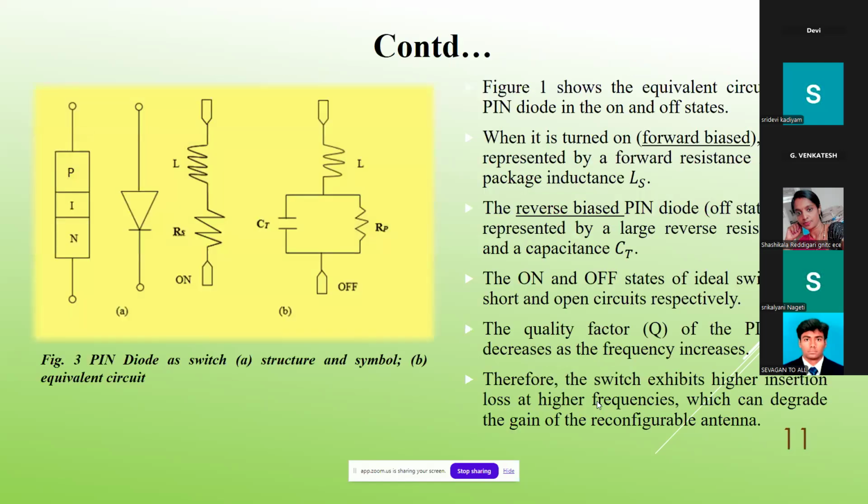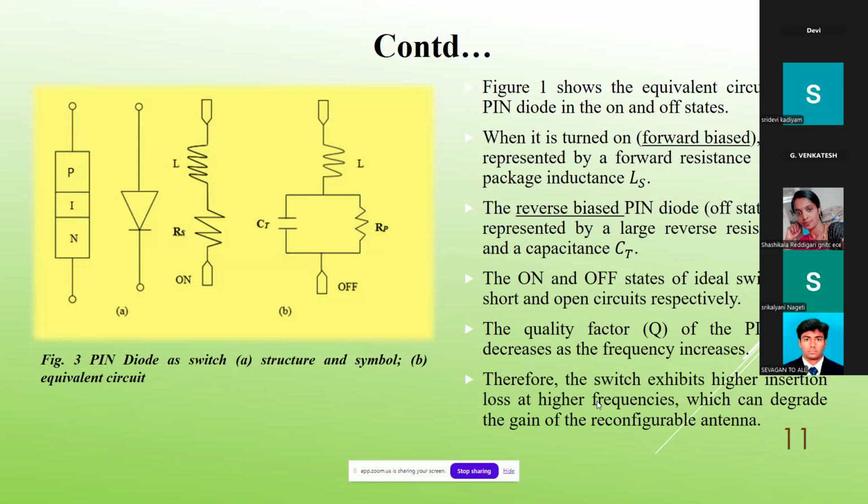Coming to the equivalent circuit. The PIN diode can be shown in terms of forward bias and reverse bias equivalent circuits. In the forward bias, you can see the inductance and resistance are in series, that is the on condition.